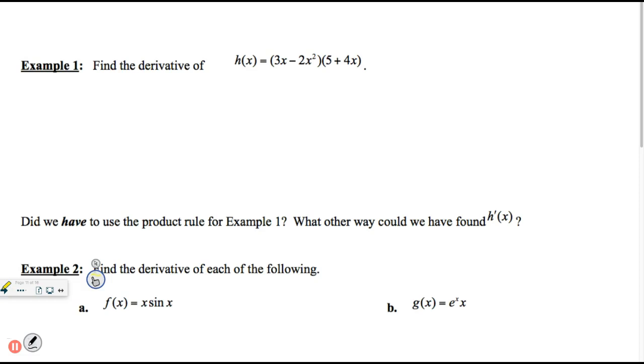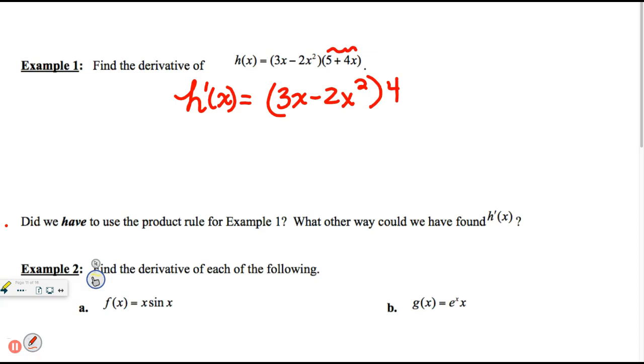We'll do the first 3 examples. Find the derivative of h. So first of all, we call it h prime. And we would do first function, derivative of the second, and the derivative of 5 is 0, the derivative of 4x is 4, so d second is 4.